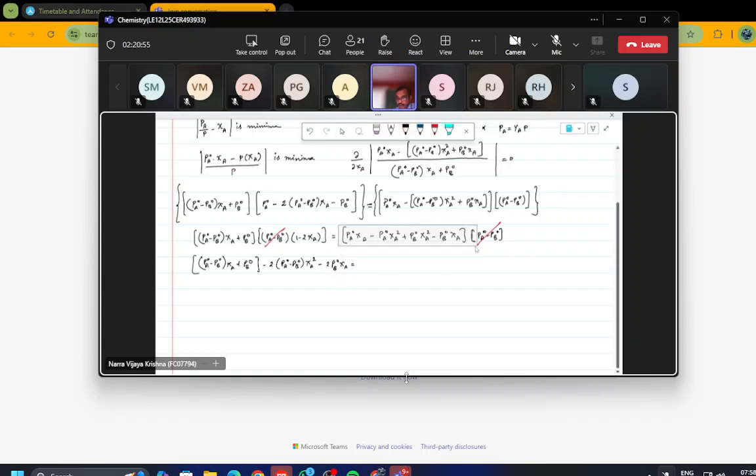Correct or not? Yes or no? Right? Now on both sides, can I cancel any term? What can I take common here? Can I write Pb naught minus Pa naught into Xa square? What is present here?